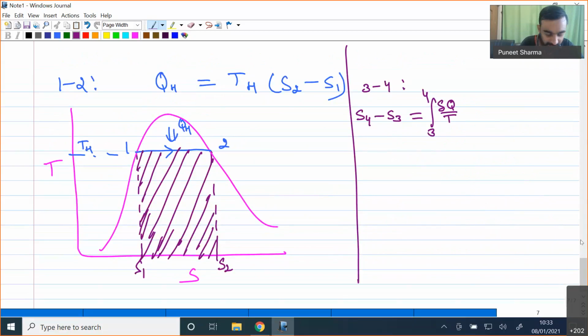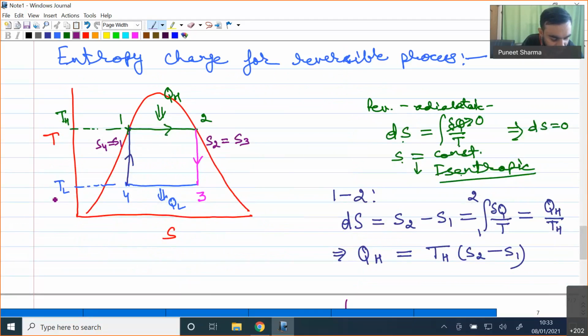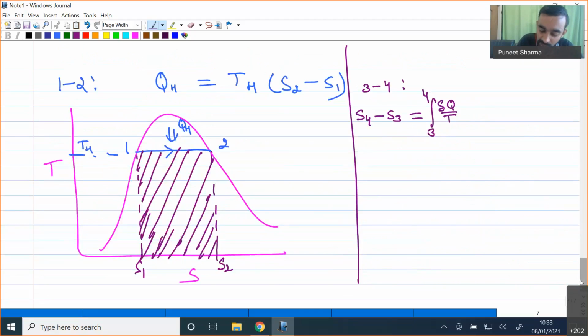Now you can see clearly in this diagram, our temperature is equal to TL when process 3 to 4 is happening, and during this process our working fluid is actually rejecting some QL amount of heat. So as it is rejecting some amount of heat, my S4 minus S3 will be equal to nothing but minus QL divided by TL. So from here we will finally find that QL is equal to TL times (S3 minus S4).